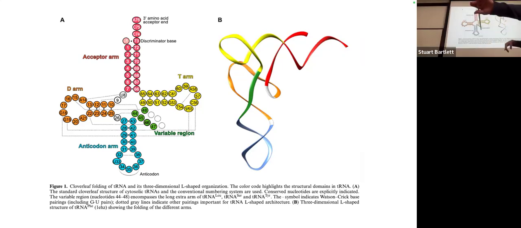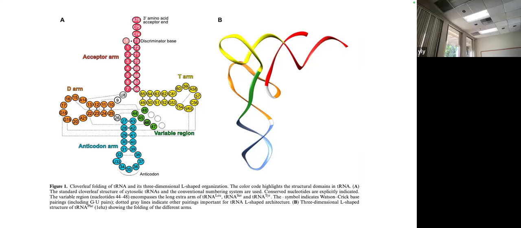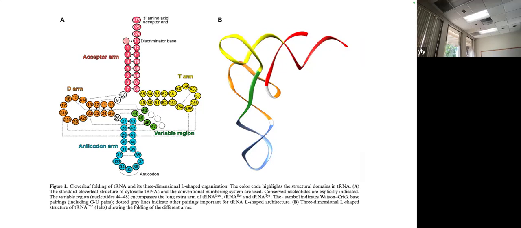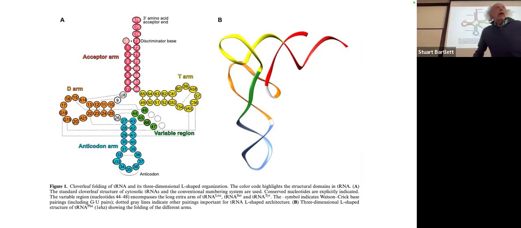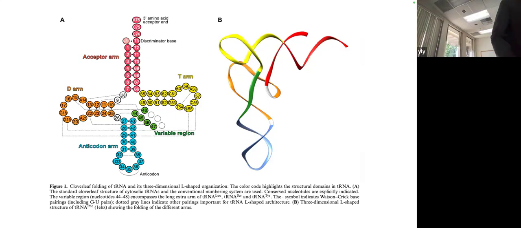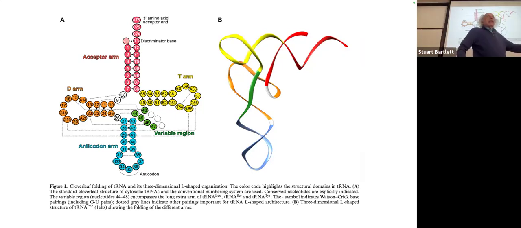You have the discriminator base, which is 73. And then 3:70 is where the GU code for alanine is found. That GU at 3:70 is how the synthetase accepts that tRNA for alanine.